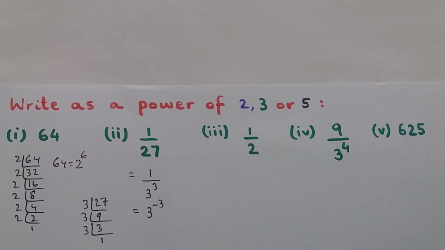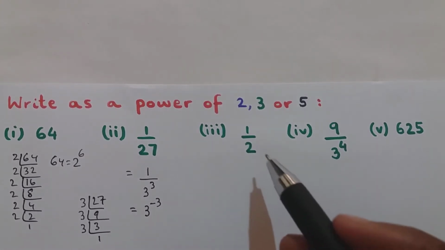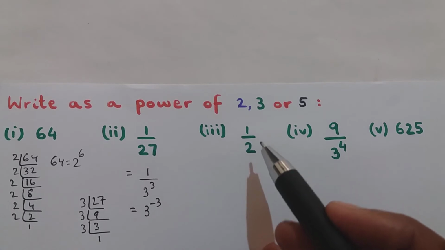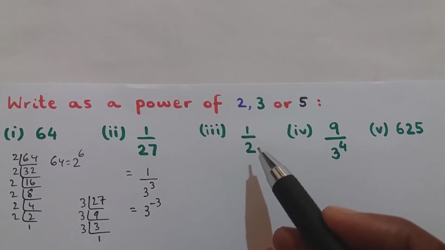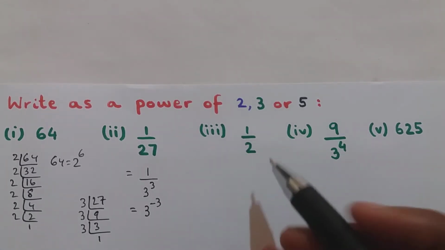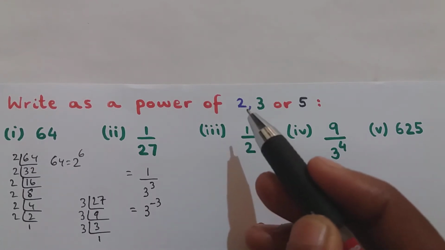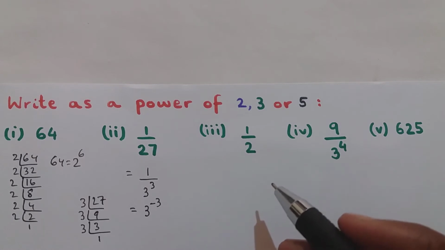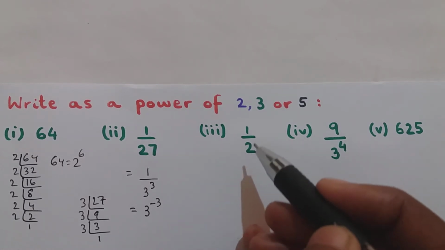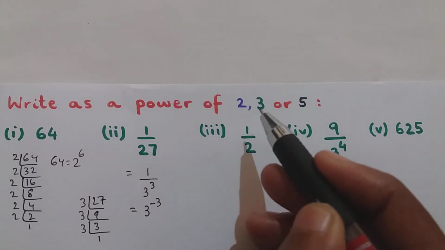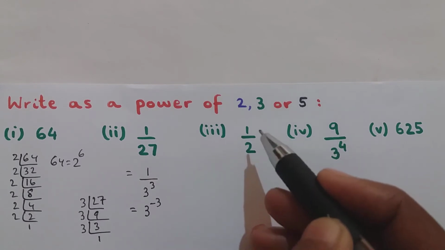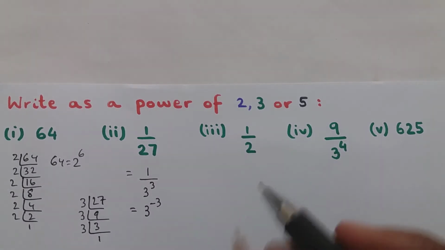Now let us go to the next expression. Write 1 upon 2 as a power of 2, 3 or 5. So I have to write 1 upon 2 as a power of 2, 3 or 5. So in order to write 1 upon 2 as a power of 2, 3 or 5, I have to do the prime factorization of 1 upon 2.